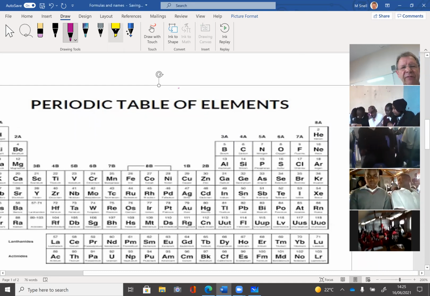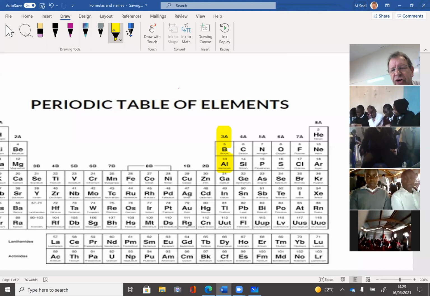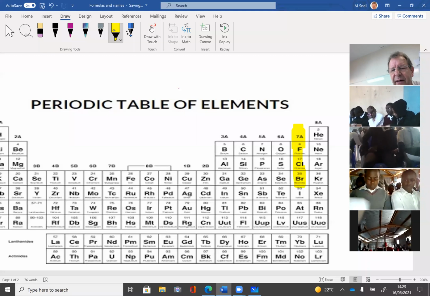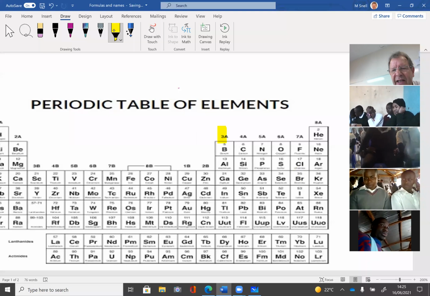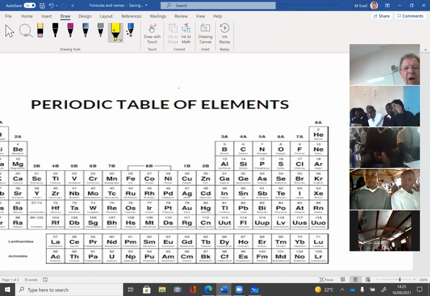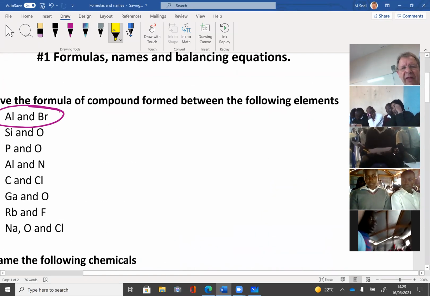And the first thing I have to do is to find the Al and which group it's in. And I have to find the Br, which is here, and the group it is in. Okay, so I find Al and its group, and I find Br and its group. Okay, so I'm trying to do aluminium and bromine together.